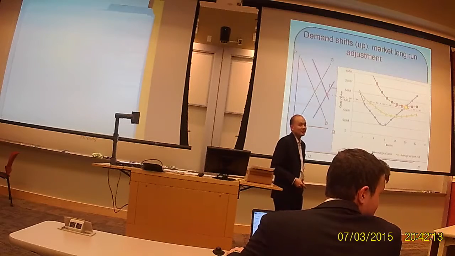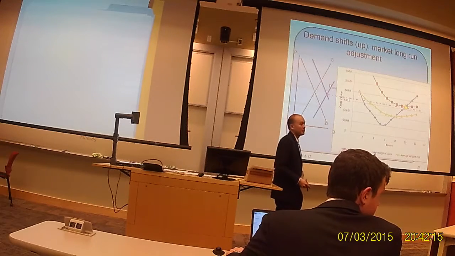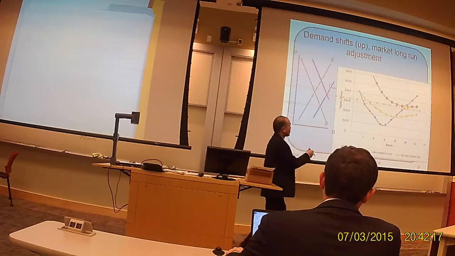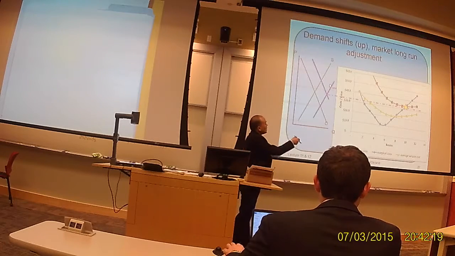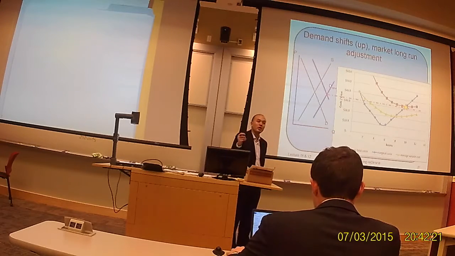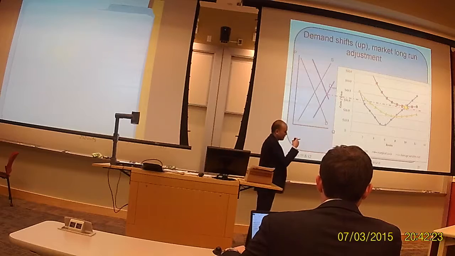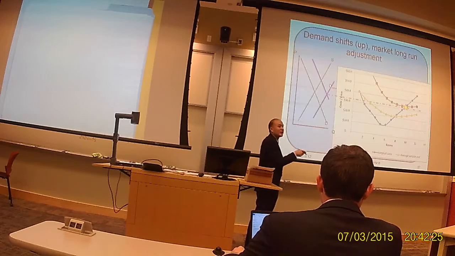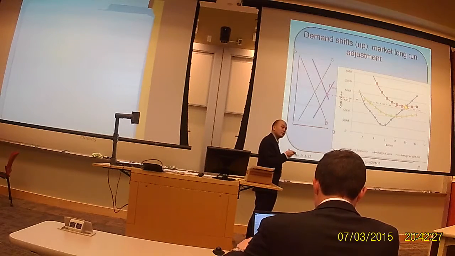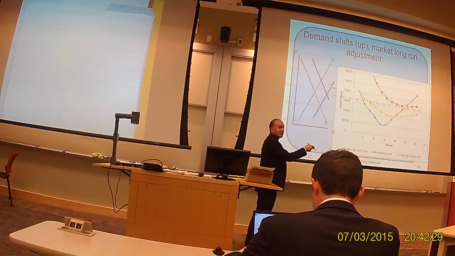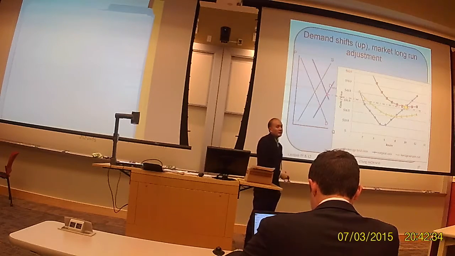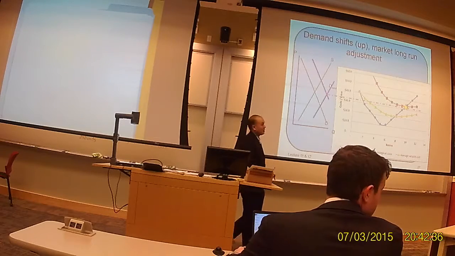Okay, so in this case, does that mean that every single company that's selling the goods isn't making any money? Correct. Usually what I do in a homework question, or in an exam question, is I say all firms are identical. So if all firms are identical, they all have the same cost curve, and if they have the same price and the same cost curve, they're all going to have zero profits.